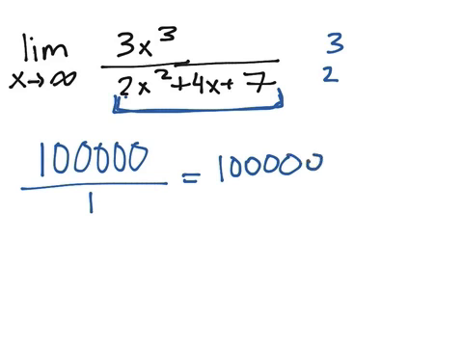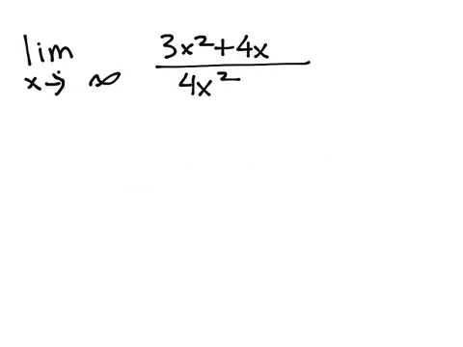So as we get closer and closer to infinity, this numerator is going to get closer and closer to infinity. That means that this entire limit is going to get closer to infinity, and so our answer is going to be infinity.